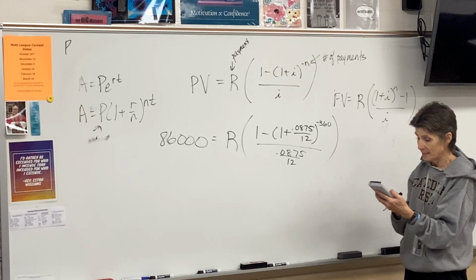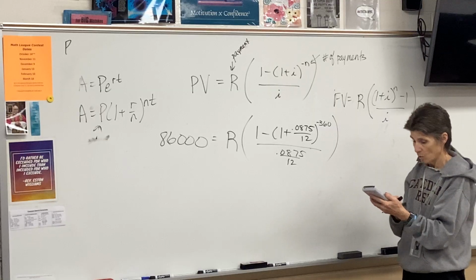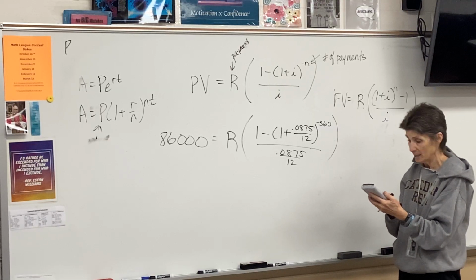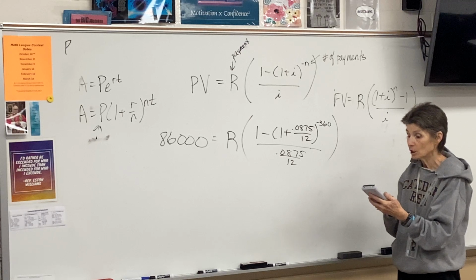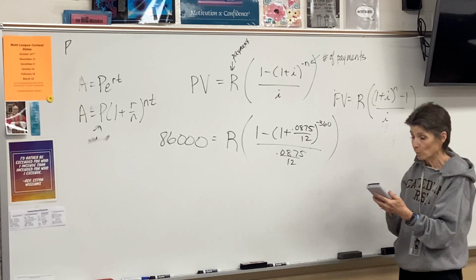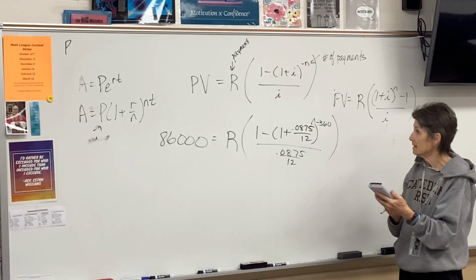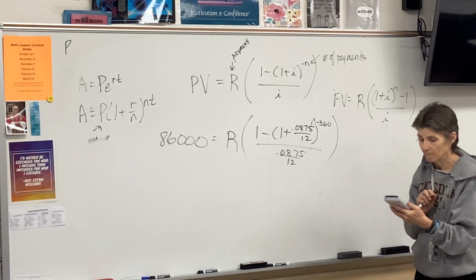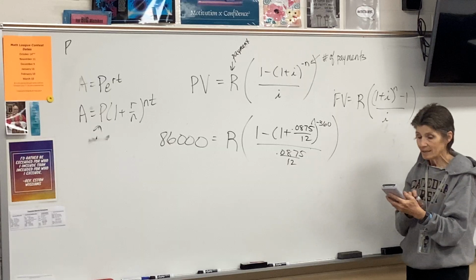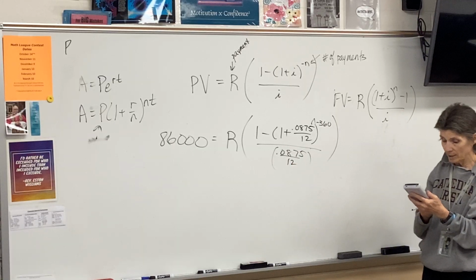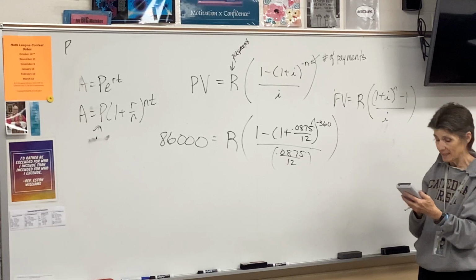This is what I'm going to type in. 1 minus parentheses 1 plus 0.0875 divided by 12, close parentheses, raised to the negative 360, equals, divided by parentheses 0.0875 divided by 12.